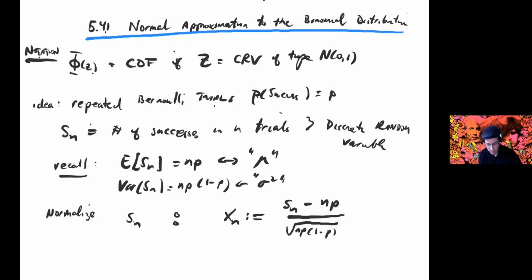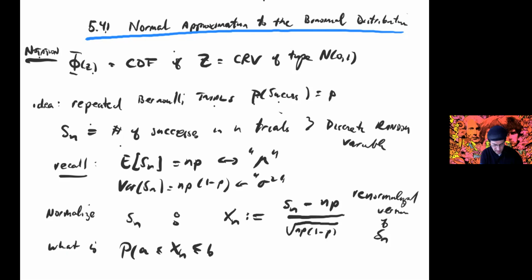This is a normalized, or renormalized, version of S sub n. Now I'm interested in computing the probabilities associated with this random variable. What is the probability that a is less than or equal to X sub n is less than or equal to b? That's the question.